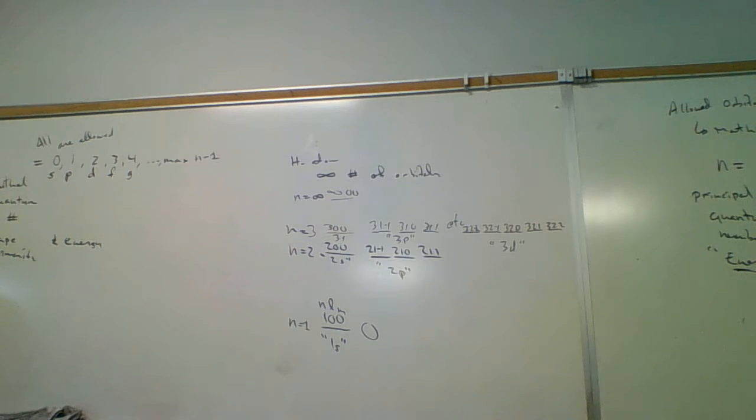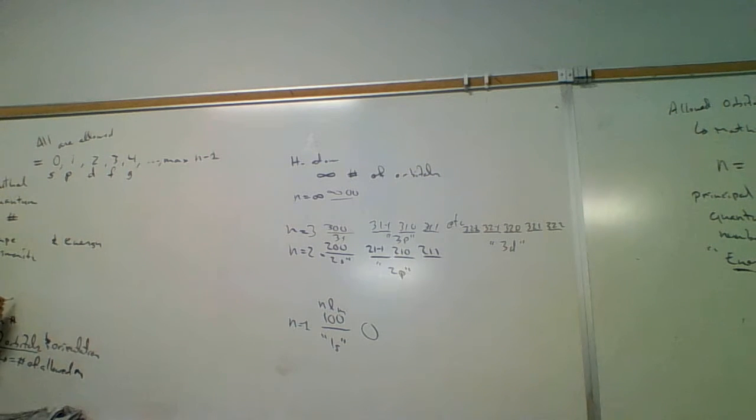Finally, M. M is what we call the magnetic quantum number. From the magnetic quantum number, we can determine the number of orbitals and orientation based on a code. The number of orbitals is equal to the number of allowed M's.